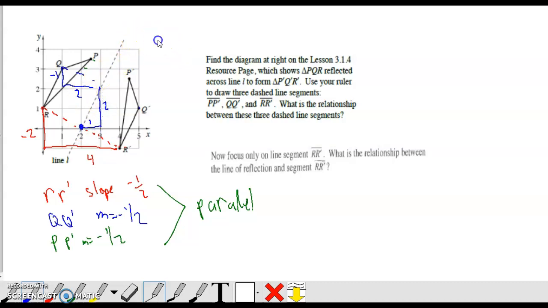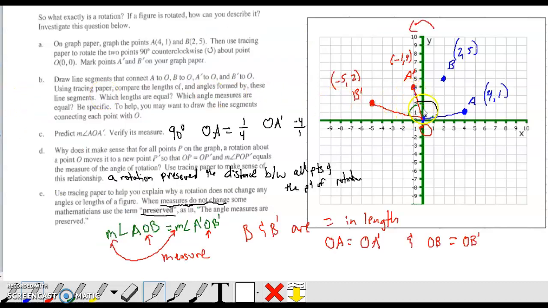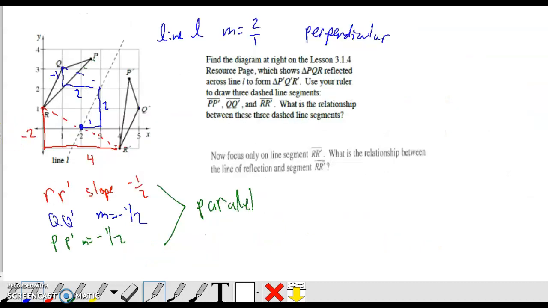So my line, I think they called it line L. Notice that my line L's slope is 2 over 1. So what do you notice about line L's slope? They are perpendicular. So that's exciting, right? So when we reflect it over these points, they become perpendicular, which is kind of, again, what we saw here, 90 degrees, which means this line and this line are perpendicular. So very, very exciting stuff.